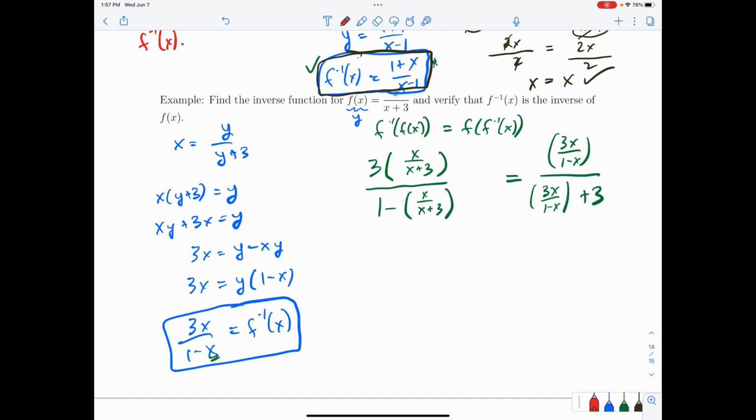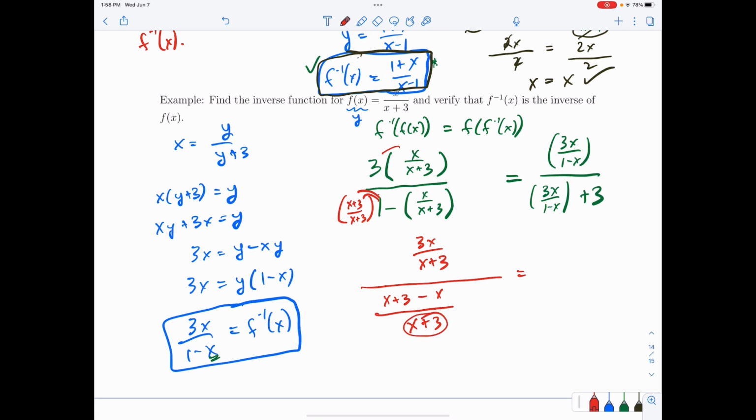So we'll work on the left-hand side again. I'm going to distribute that 3. So this is 3x over x plus 3. Down here, I need a common denominator, so I'm going to multiply the top and bottom by x plus 3. And doing so, distributing that 1, I get x plus 3 minus x divided by x plus 3.